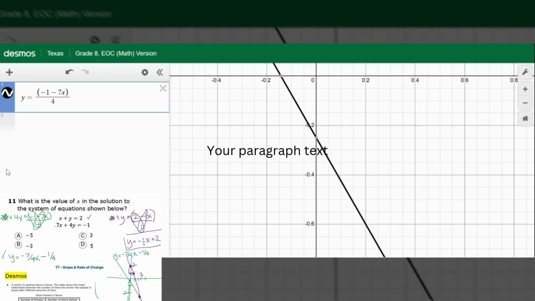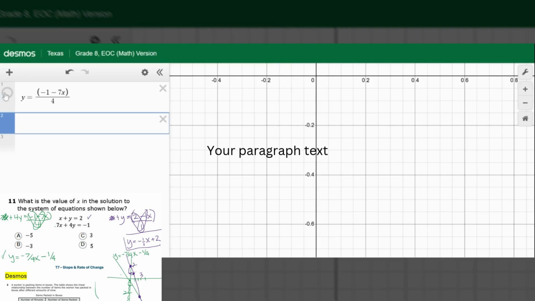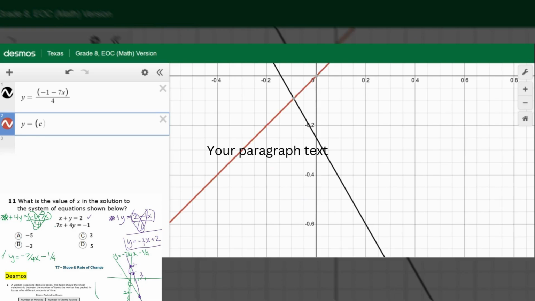Now, the other one is y equals, parentheses, 2 minus 1x divided by 1.